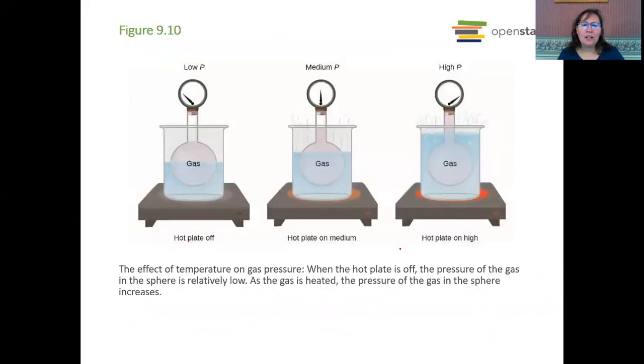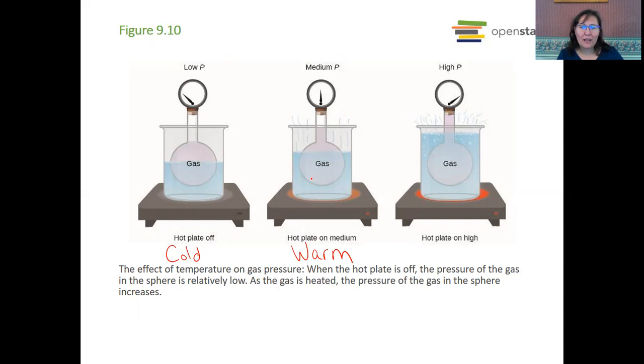All right, so let's take a look at the effect of temperature on gas pressure. All right, so here we have the hot plate is off. So let's say this is cold. When it's cold, the gas in here has low pressure because the molecules are kind of sluggish. As we start heating up our gas, we'll call this one warm, then the gas inside our sealed chamber starts to warm up. As it warms up, the air molecules start to move faster.